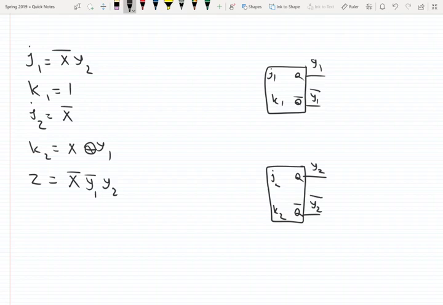So this is like a 2 JK flip-flop. And we have input x, which we also complement because we need x bar as well. So what is J1? J1 is x bar y2. So we get y2 and x bar, and this one is J1.